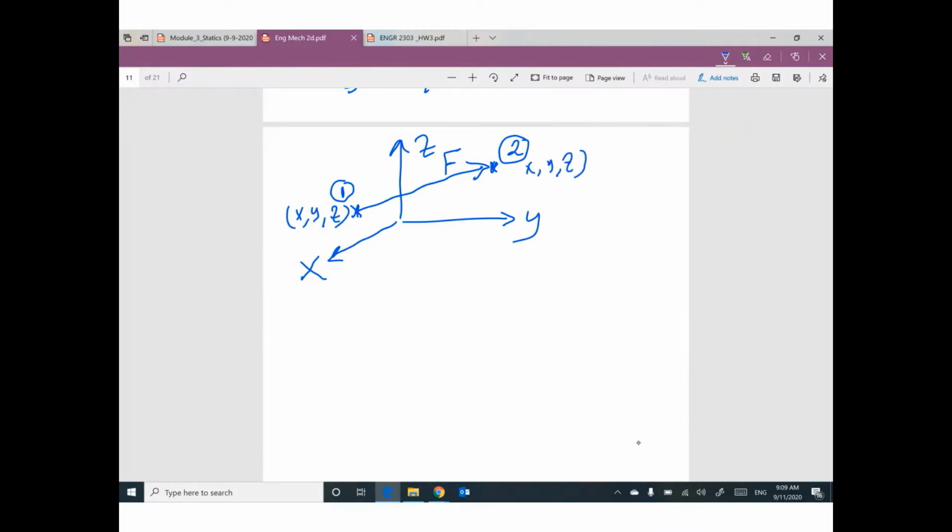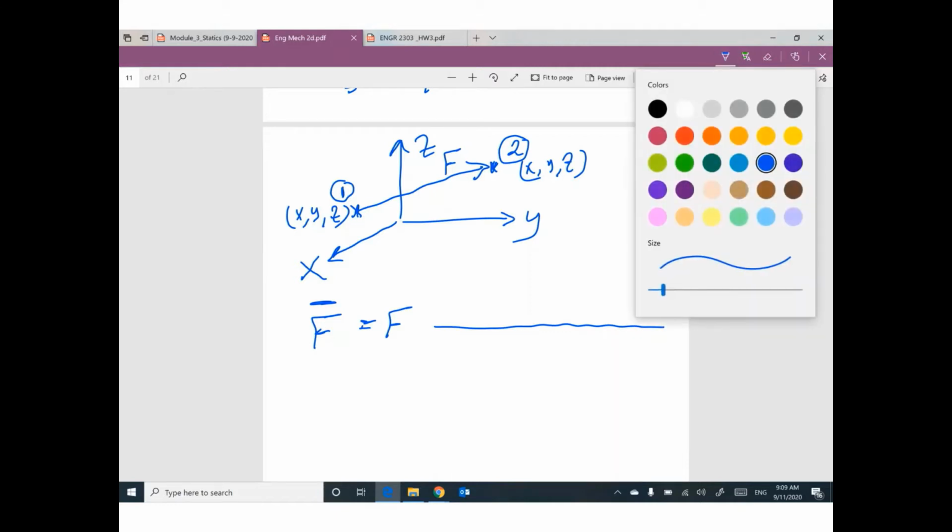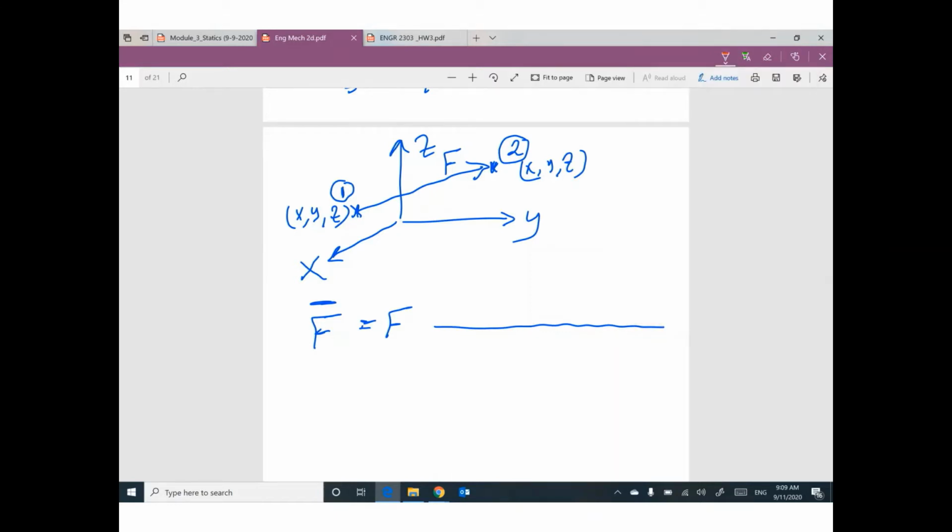If you can, then this force as a vector equal this force as a value times x coordinate of the second point minus x coordinate of the first point in i, y coordinate of the second point minus y coordinate of the first point j, z coordinate of the second point minus z coordinate of the first point k.